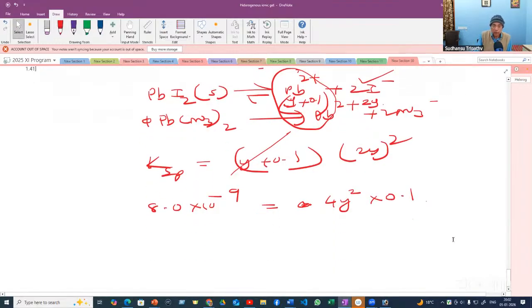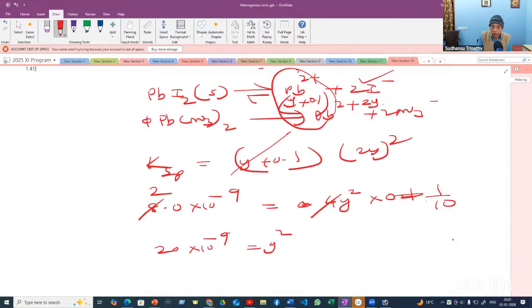So it will be 2 here, and this is 1 by 10. So this will be 20 into 10 to the minus 9 is equal to Y square. So this will be 2 into 10 to the minus 8.